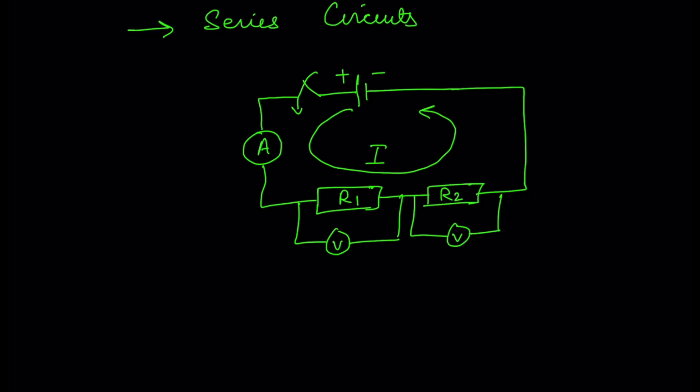Now the cell, let's suppose the cell has a potential difference of 6 volts. Now what happens in a series circuit is, the current through all the resistors remains same.